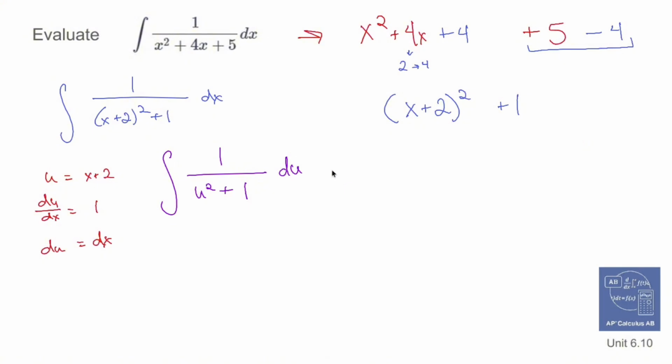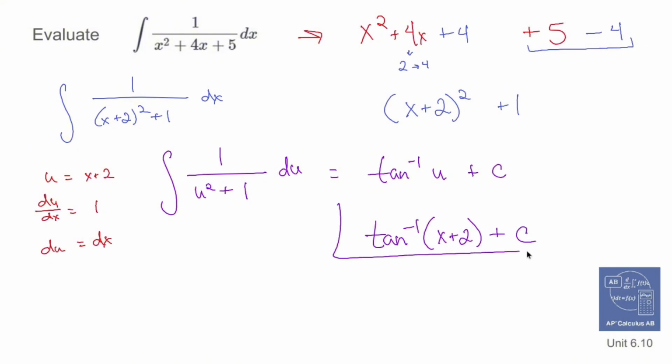That becomes the inverse tangent of u, plus that arbitrary c, of course. Once I plug u equals x plus 2 back in, I have the inverse tangent of x plus 2 plus c. And that's going to be my answer. Okay, tricky stuff, very tricky stuff.